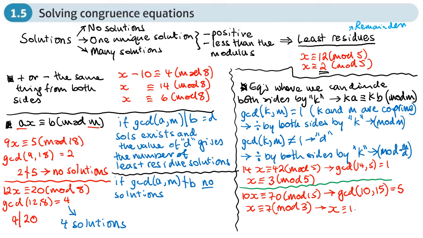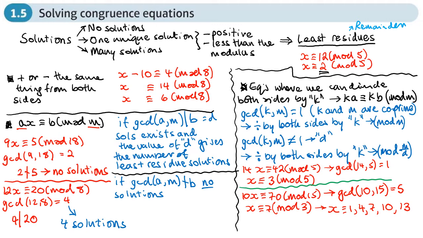So we've got 1, plus 3 is 4, plus 3 again, plus 3, plus 3. If I add 3 again, I go over the 15. So actually there are 5 solutions here, and it happens to be the same as the greatest common divisor. I think there's a connection between the two, the number of solutions and the value we get here.